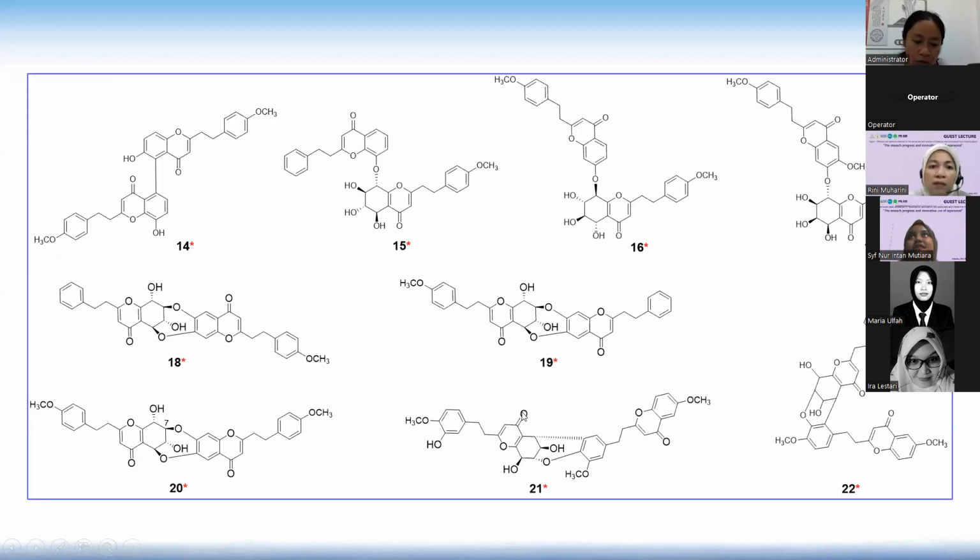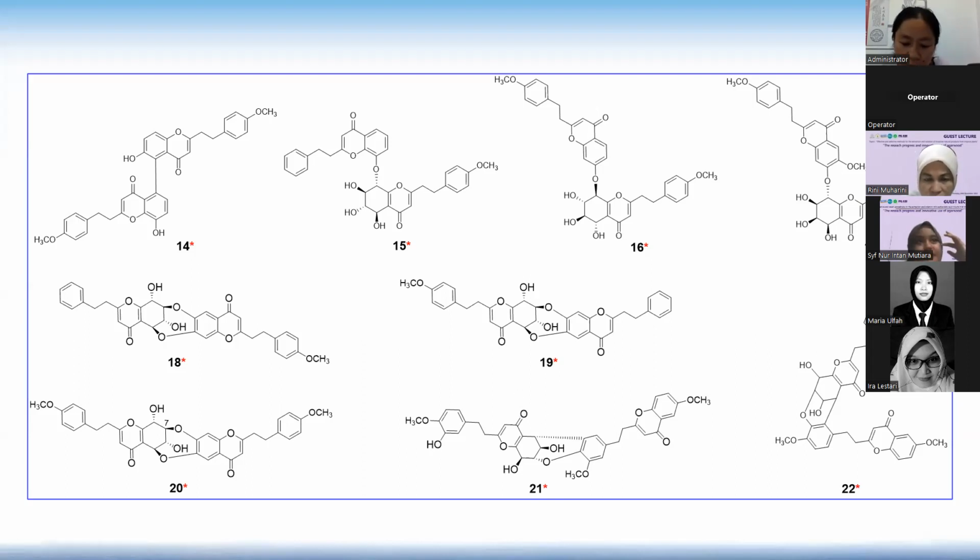And similar to previously, dimers were also isolated from this sample. The linkages here are also similar to before, with 1 ether linkage, or 2 ether linkages, or with 1 ether linkage and 1 carbon-carbon linkage. The style of linkage is very similar.